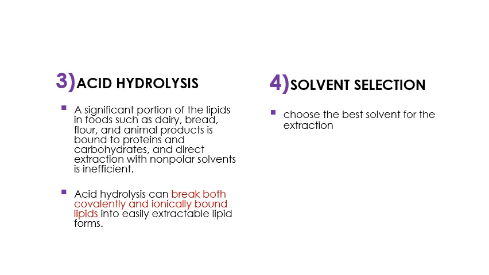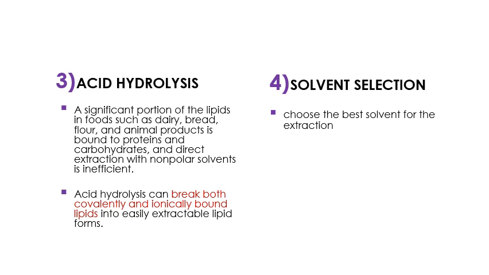So it's important to break down this interaction by performing acid hydrolysis. Acid hydrolysis can break both covalently and ionically bound lipid, and thus this free lipid can easily be extracted into the non-polar solvent.